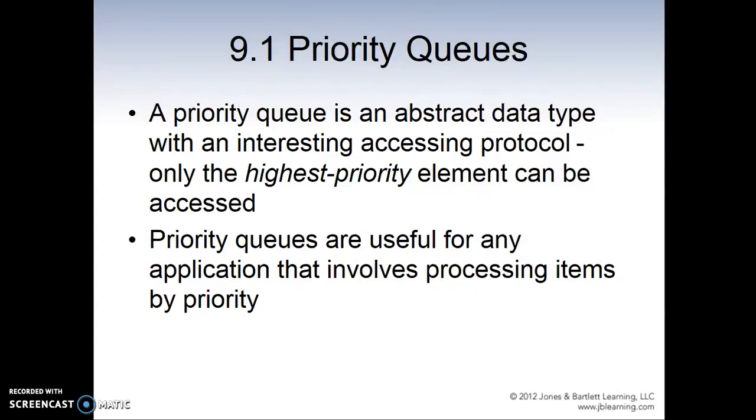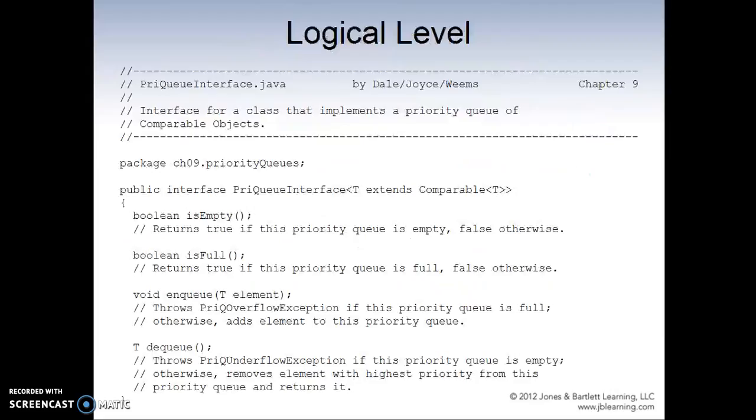We use a priority queue to look at which one comes first, and do that first. So any application where you want to order by priority, instead of first in first out, then use a priority queue.